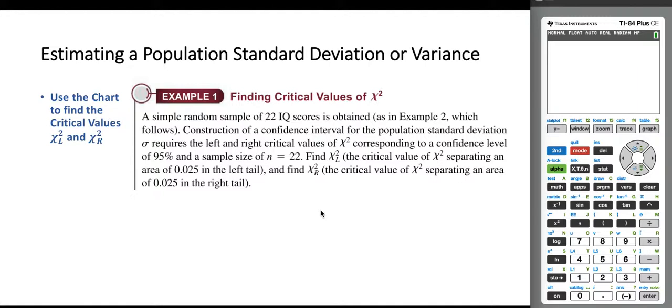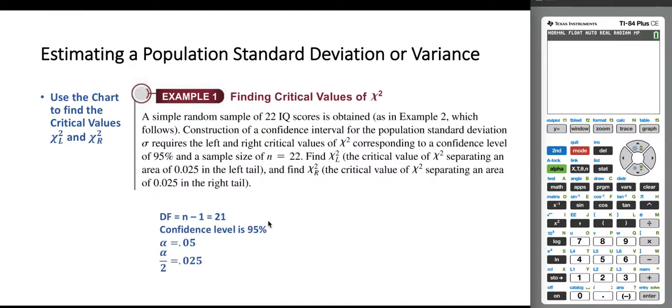Find the left critical value of chi-squared, separating an area of 0.025 in the left tail, and find the right critical value of chi-squared, separating an area of 0.025 in the right tail.